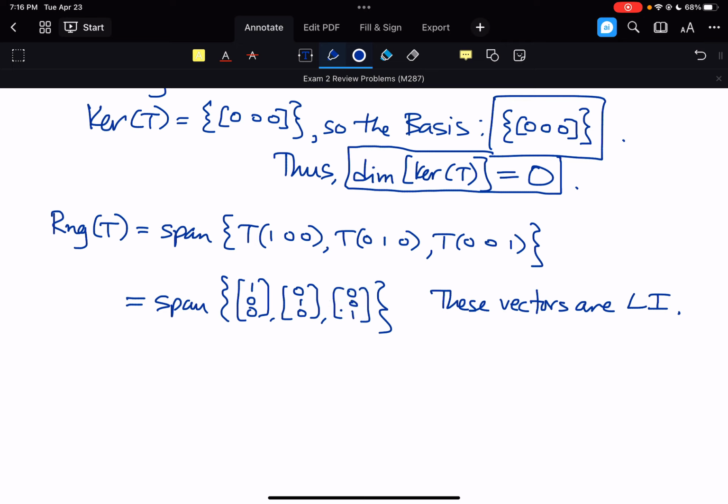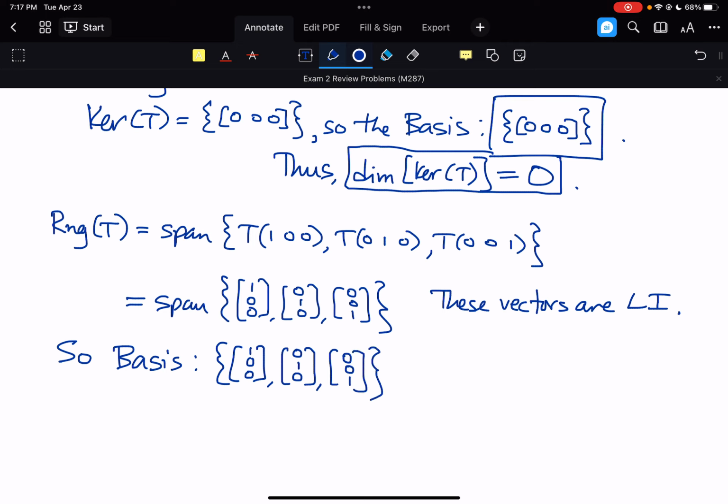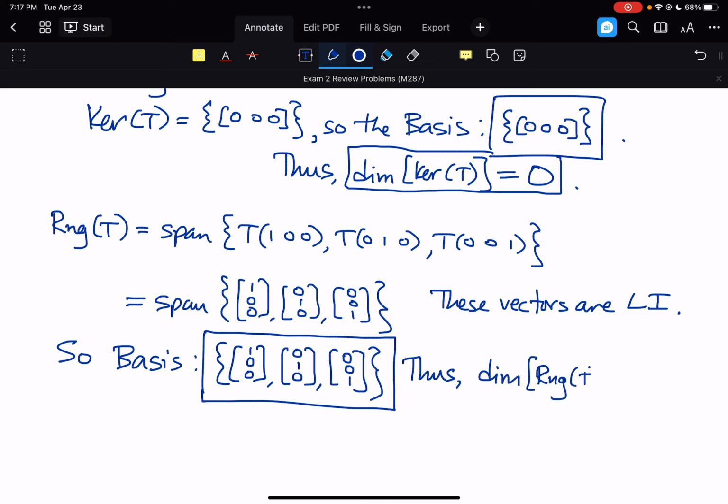That's not the case here, though, because these vectors clearly do not depend on each other. So the basis for the range will just be, again, that set of 3x1 matrices. And thus, the dimension of the range of T equals 3.